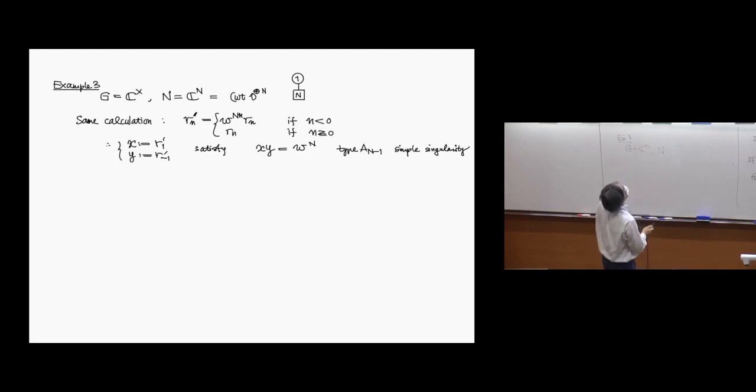There is a conflict of notations, but I think this is okay.